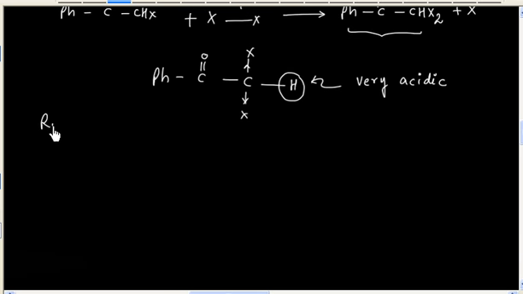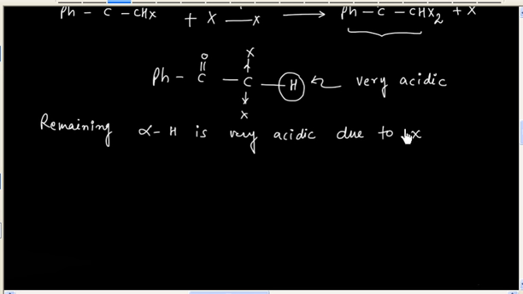So remaining alpha hydrogen is very acidic due to minus I effect of two halogen.